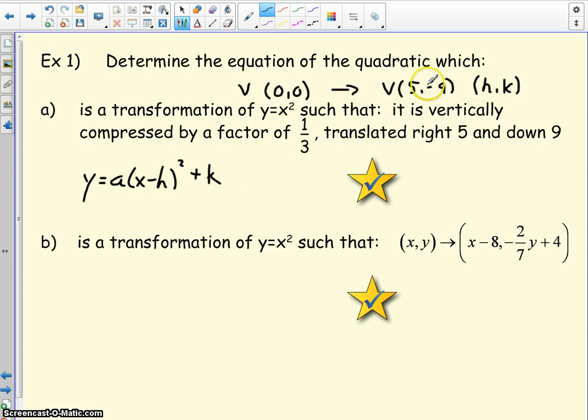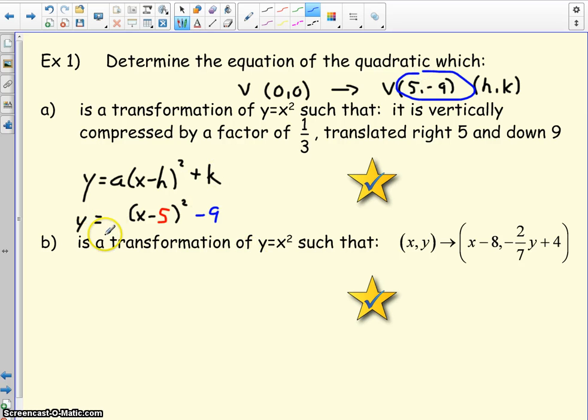So it means our h is going to be 5 and our k is going to be minus 9. So right away I can put in that information. I'll deal with the a value later, but I'm going to have x minus 5, and then I will have minus 9. And again, that comes from the fact that I have my vertex.